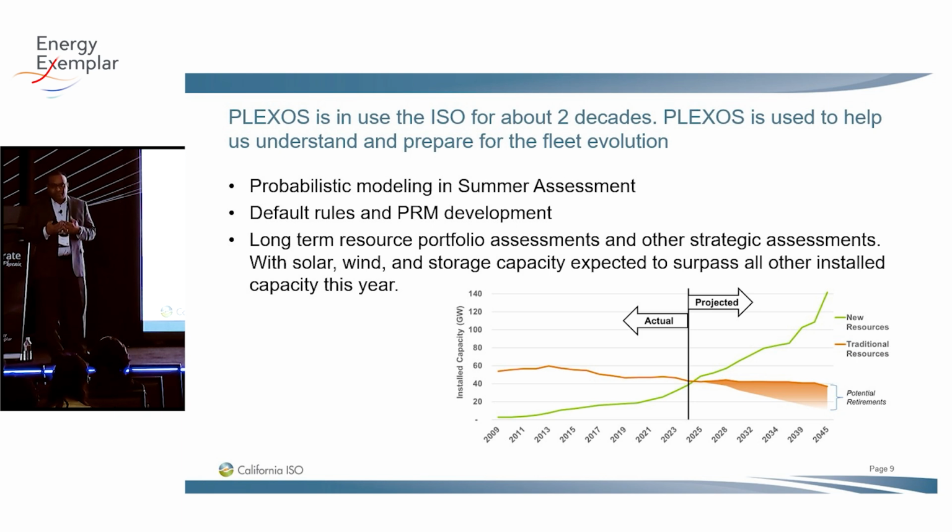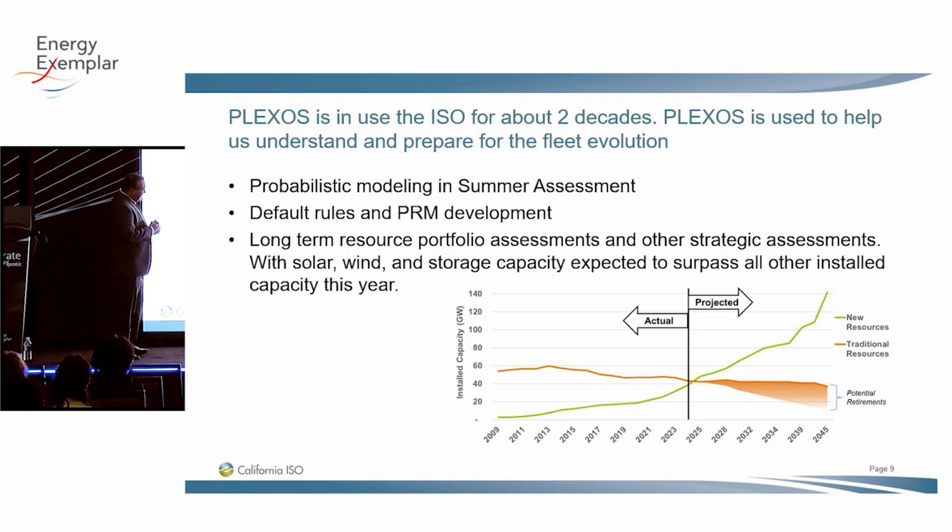So we do a thorough analysis using the existing fleet and expected fleet, and conduct a detailed analysis to get a sense for how our summer conditions are going to look for the current year. That report will be published early next month. We are also using it for default rules and PRM development that I mentioned earlier.